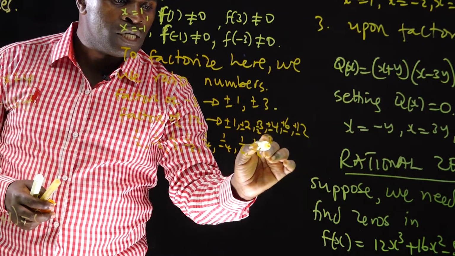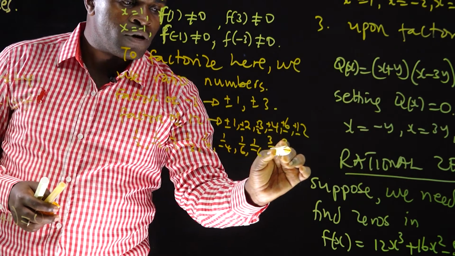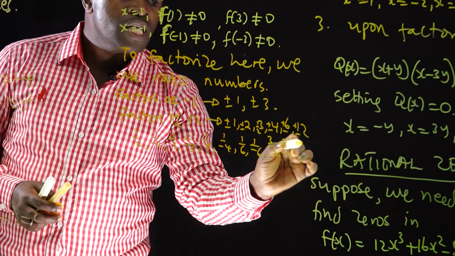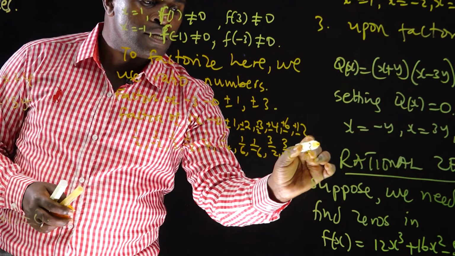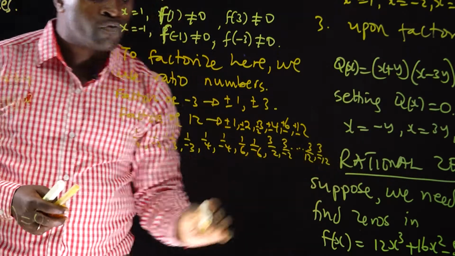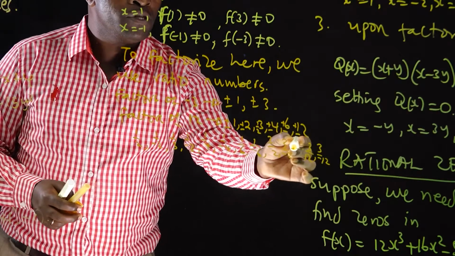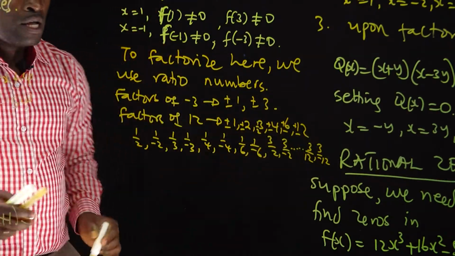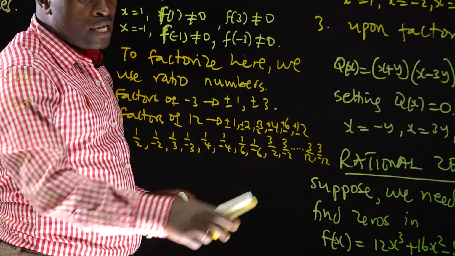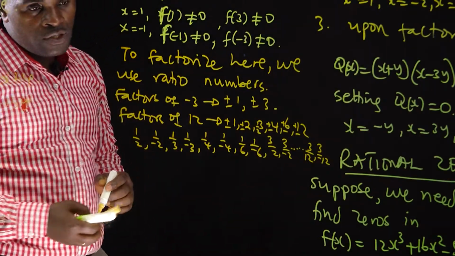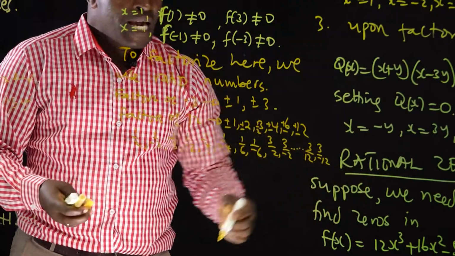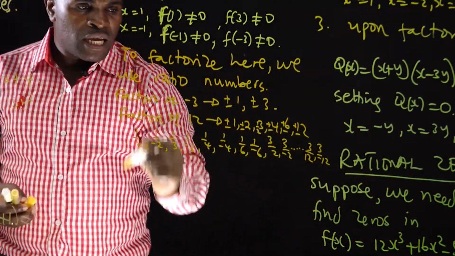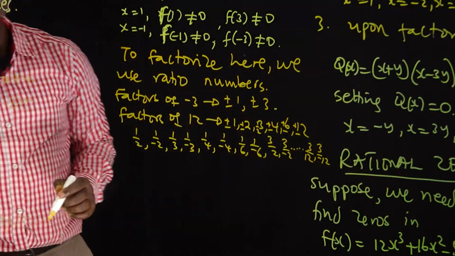Then you come to 3 over 2, 3 over negative 2, and you keep on testing up to 3 over 12 and 3 over negative 12. There are so many numbers to test in between, so it is always a tiring task, but no way out. That is why few people come to mathematics. So we test very, very carefully.